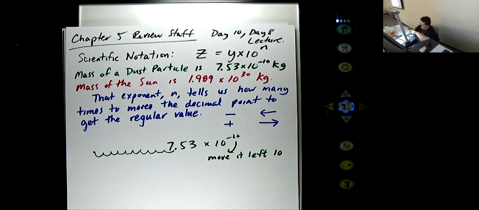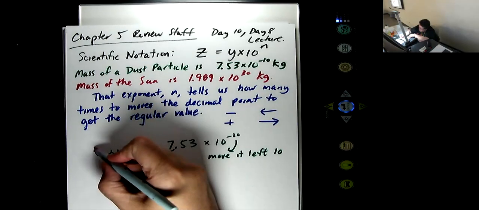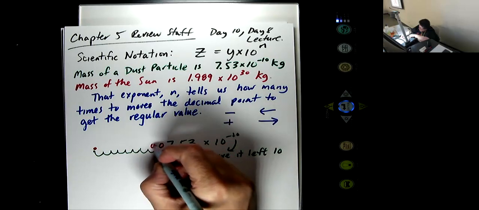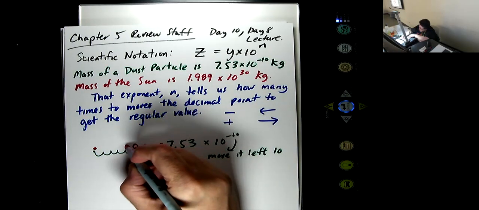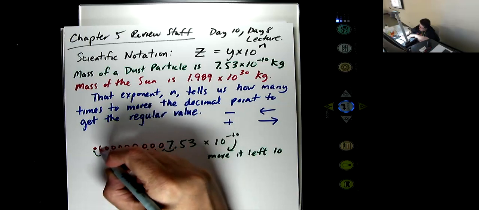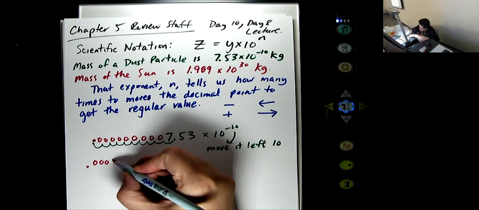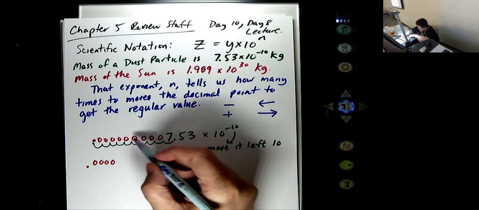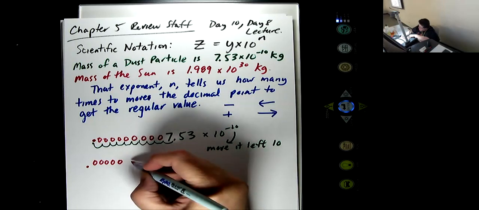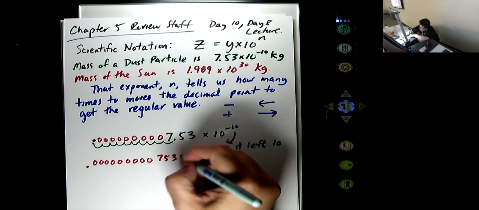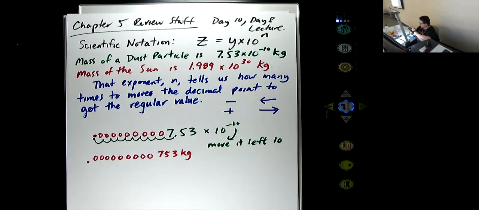If I move the decimal over here, I can pass by regular numbers, but if I start losing numbers, I have to fill them in with zeros. So a dust particle is 0.000000000753 kilograms. How many zeros do I have? I have 9 zeros, then 7, 5, 3 kilograms. And then I don't have any extra multiplier on it.